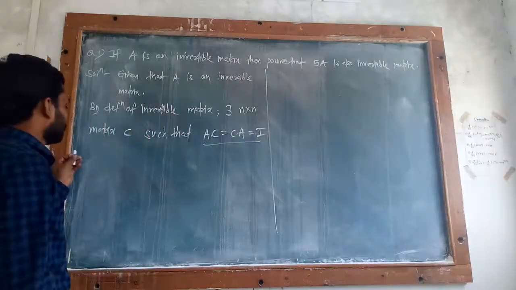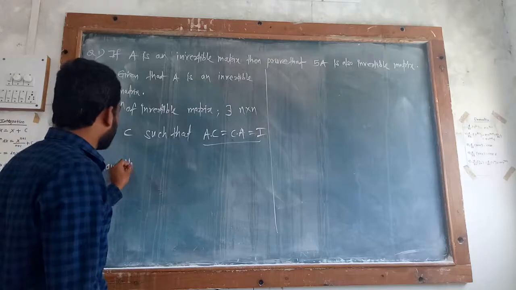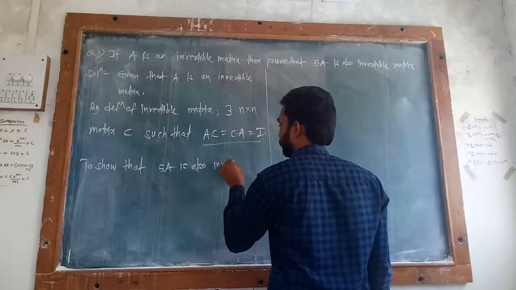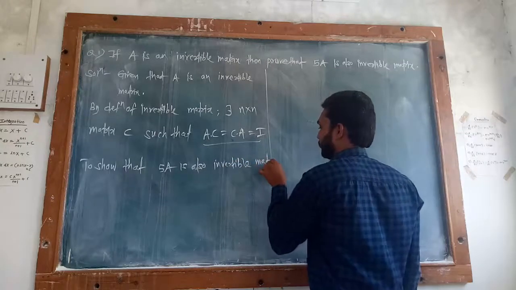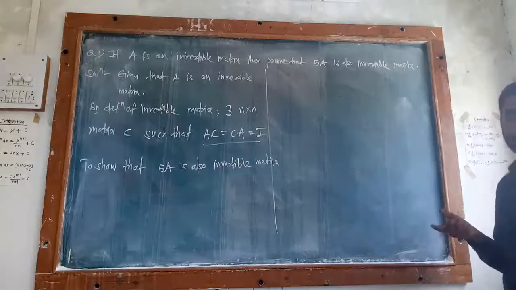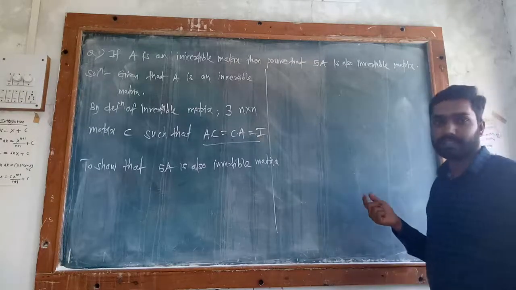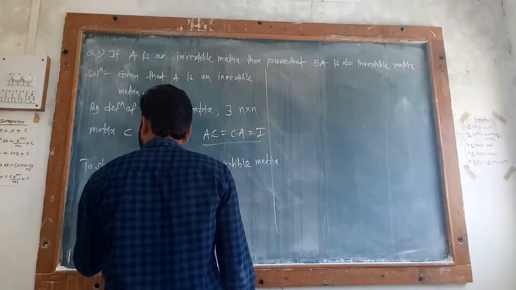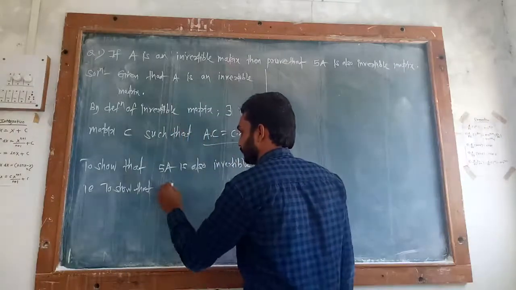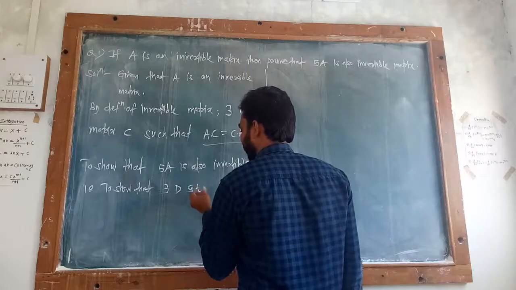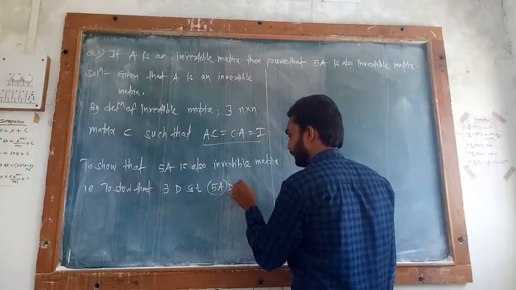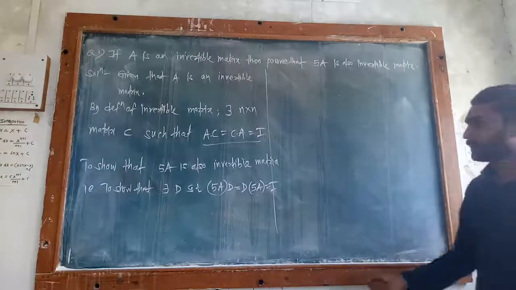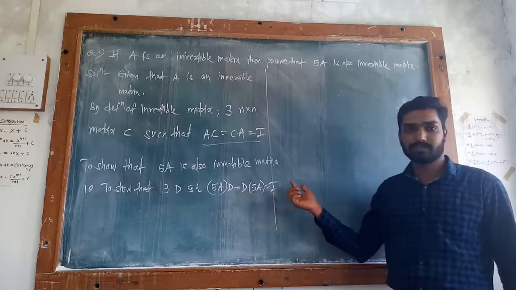Therefore, to show that 5A is also an invertible matrix, that means we need to show that there exists a matrix D such that 5A into D equals D into 5A equals the identity matrix. Okay?